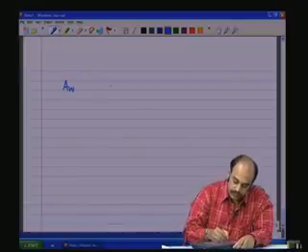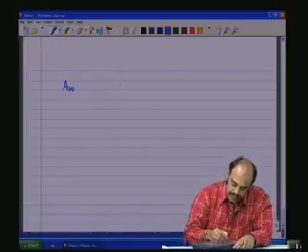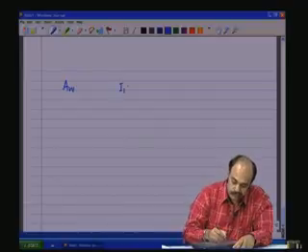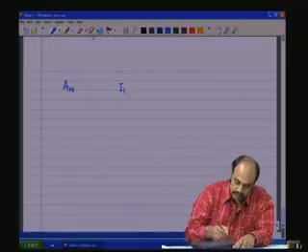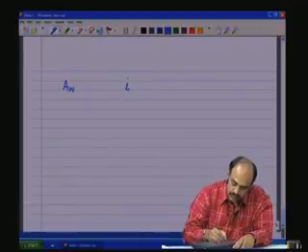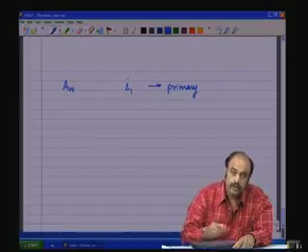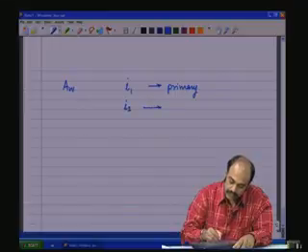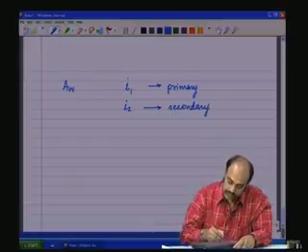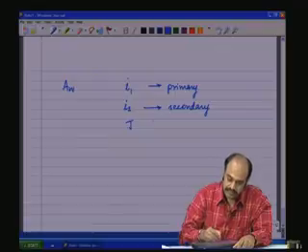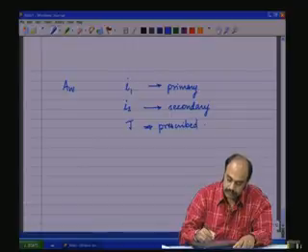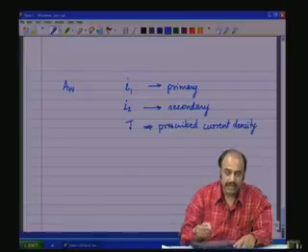Therefore, if we have I1 as the current flowing through the primary and I2 as the current flowing through the secondary, and let us say that J is the prescribed or recommended current density that can be allowed in the copper.